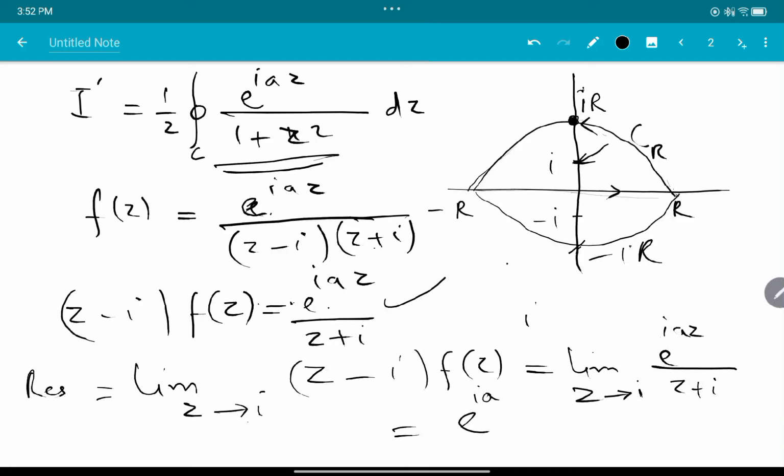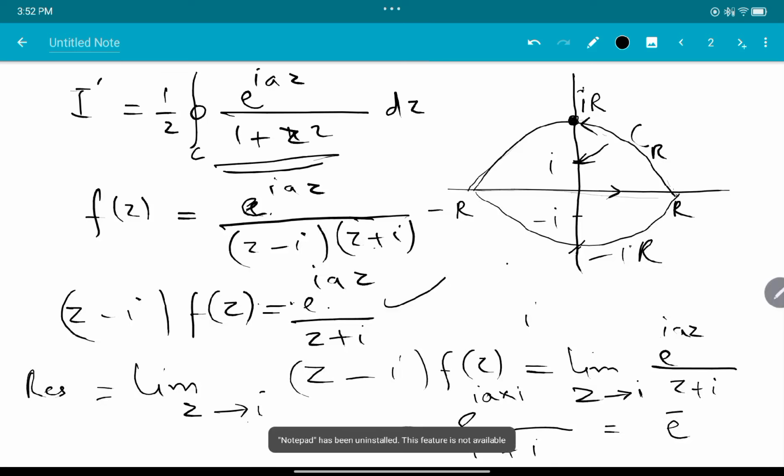We get e raised to i a into i divided by i plus i. That gives me e raised to minus a, because i square is minus 1, divided by 2i.